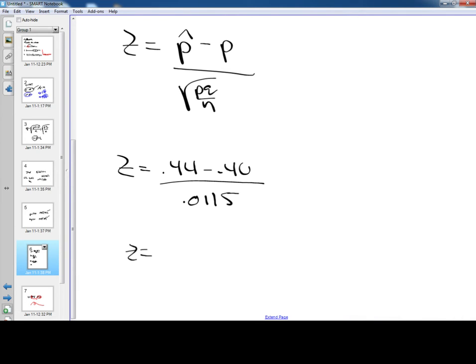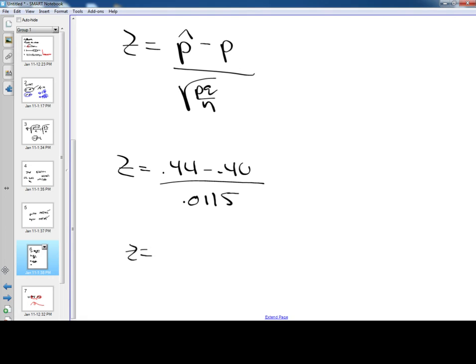0.04. No, the other one. There's another one. So 0.4 divided by... No, 0.04. Oh, thank you. You're right. Divided by 0.0115. 3.47. I got 3.4.